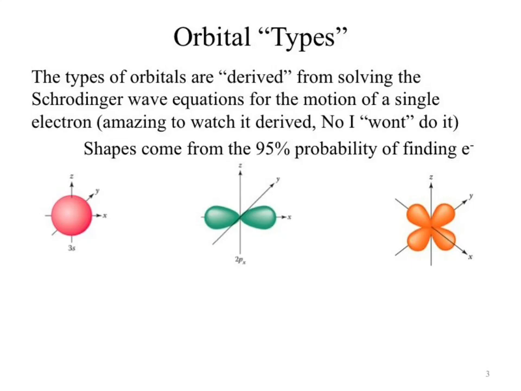As far as what these shapes are, it's a 95% probability of finding the electron, which is kind of an odd thing to say. If we look at some pictures, you say, oh, we have these little circles around our nucleus, and the electrons just move around in a circle. Well, that's not really the case. Electrons can skip and dance wherever they want.